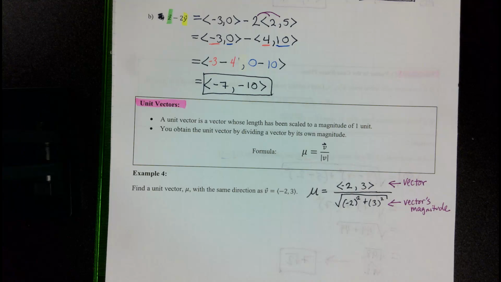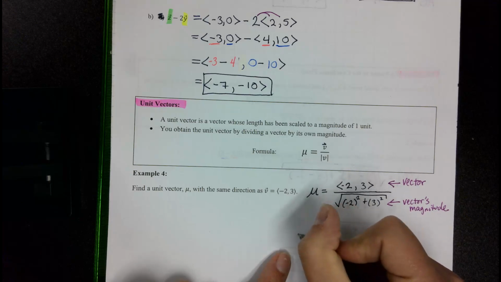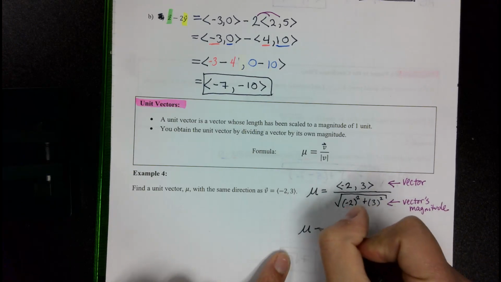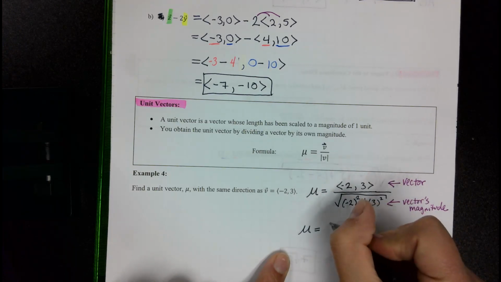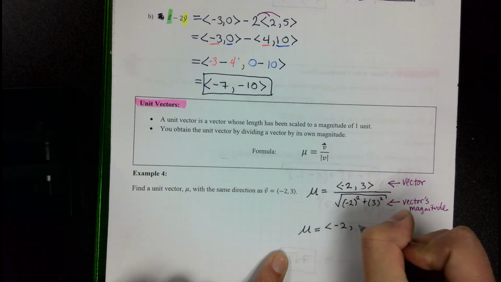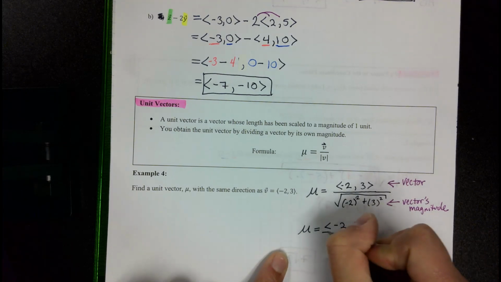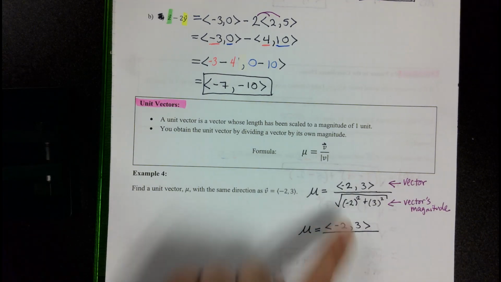Okay, so I'm going to simplify this. On the top, there's nothing to simplify. So mu, the unit vector, is equal to, the numerator is still the vector, negative 2, comma 3, divided by the magnitude. So this is the part I'm going to simplify.